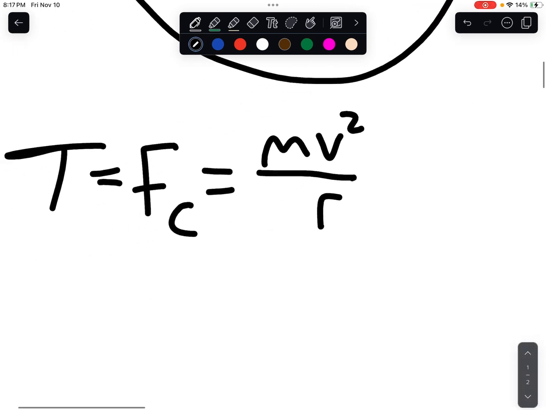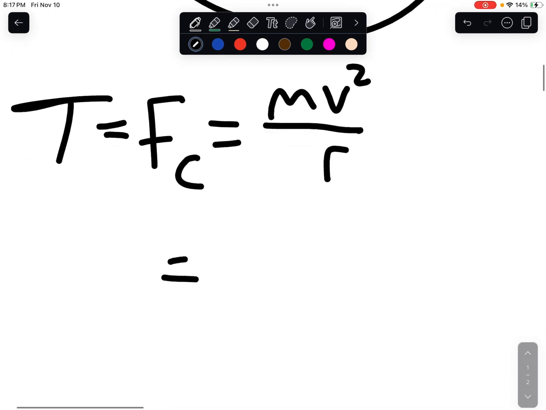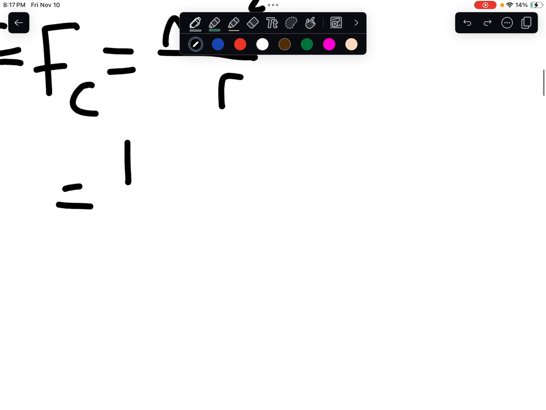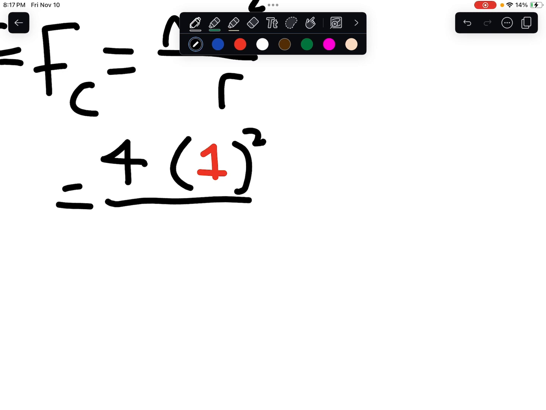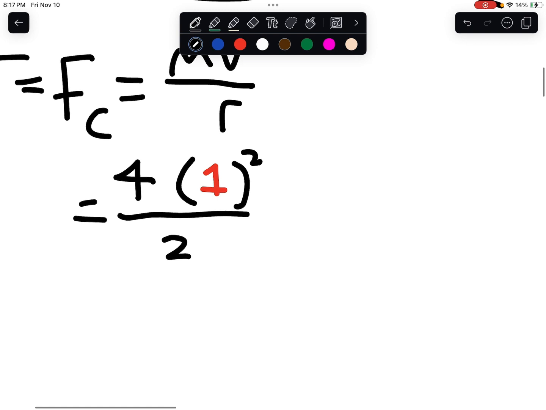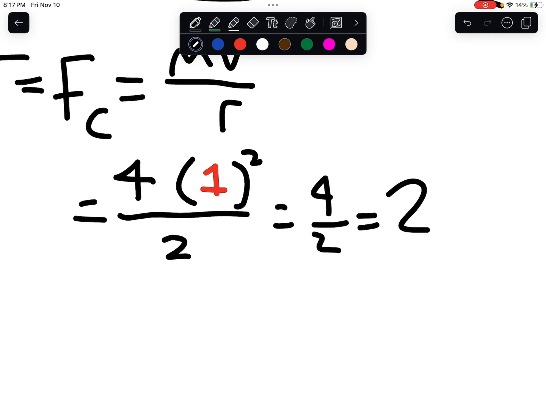We can plug in our values. We do our mass, which is 4 kilograms. So 4 times 1 squared all over r, which is 2 meters. 4 times 1, because 1 squared is just 1, so we get 4 over 2, which you all know is just 2, right?